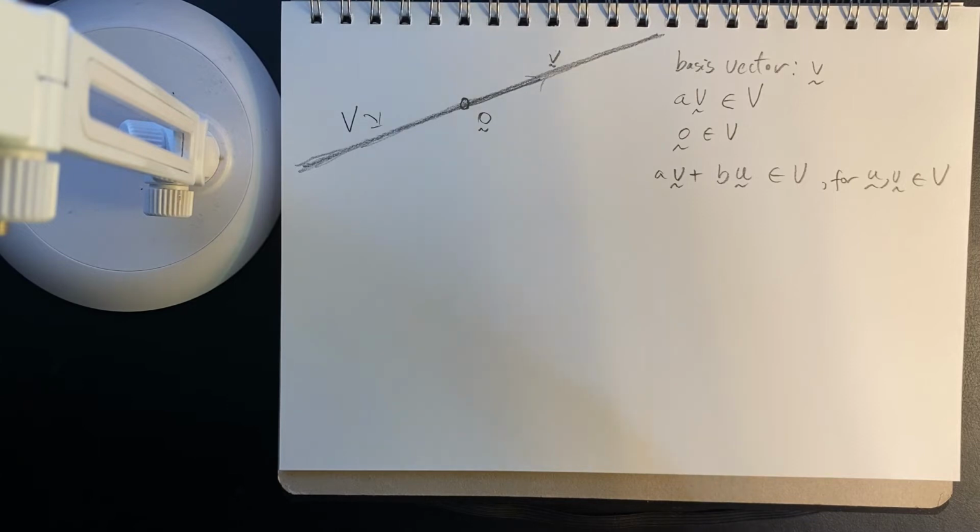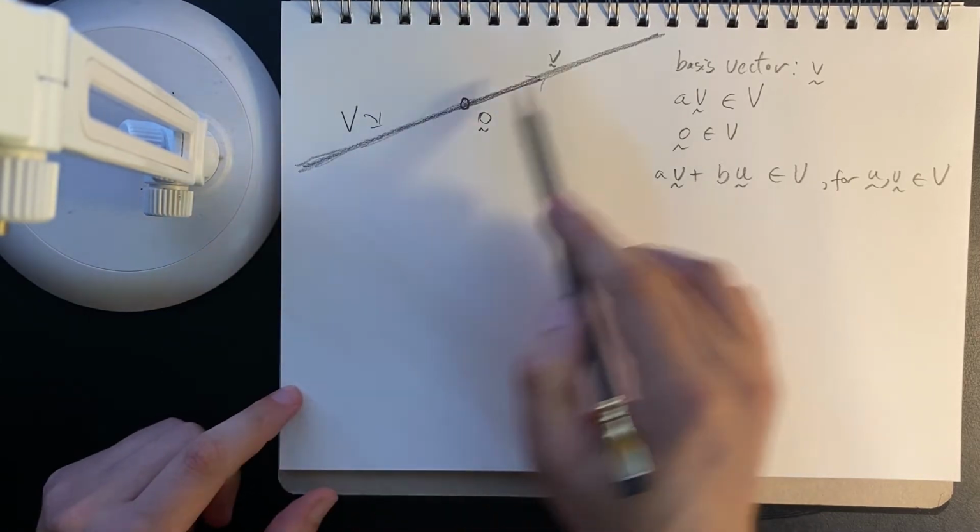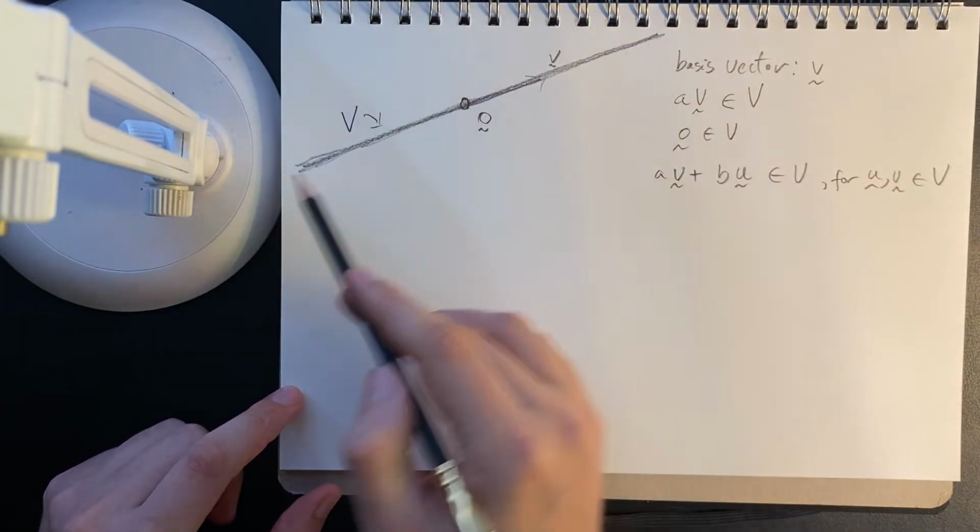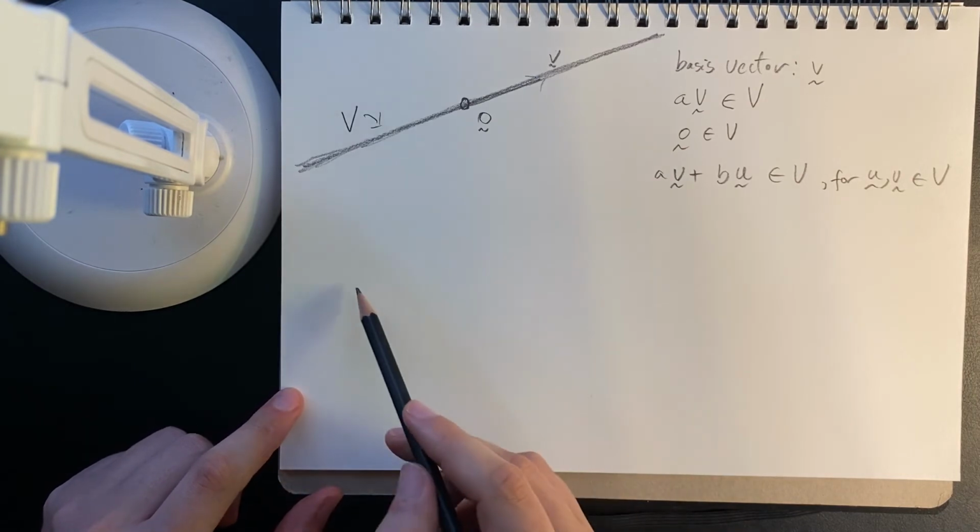That's a 2D vector space. Well, what is space in 1D? It's an infinite line. Let's look at a 3D vector space.